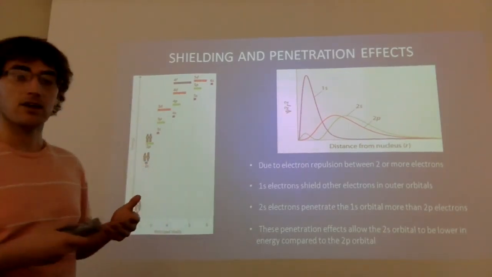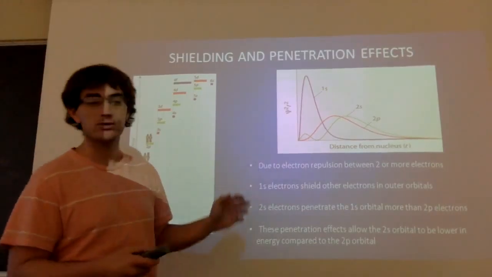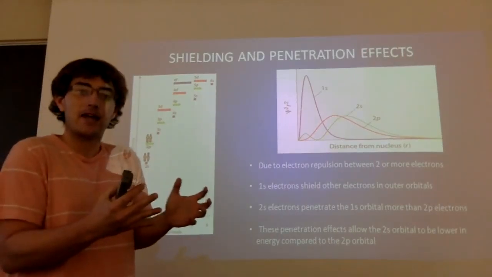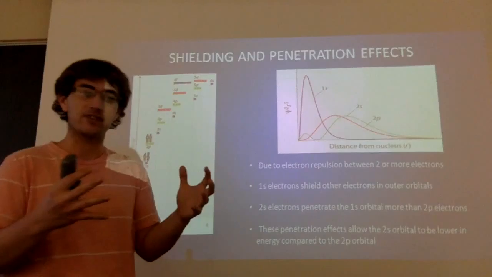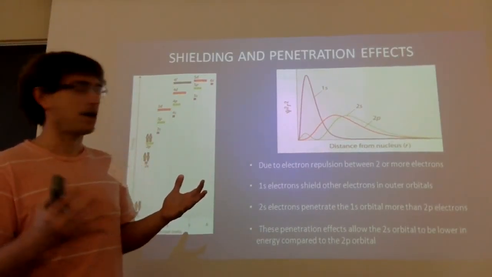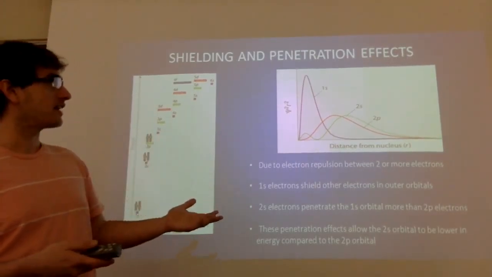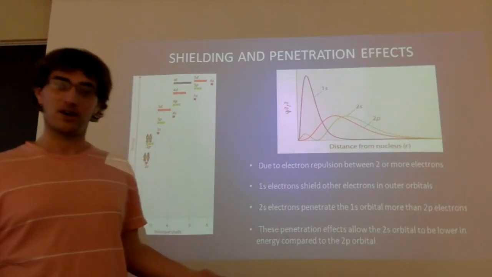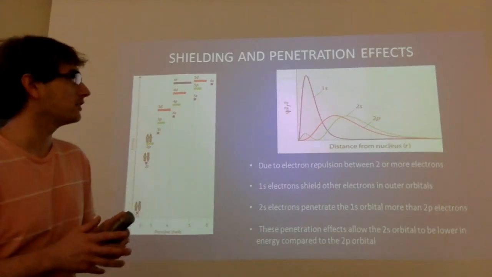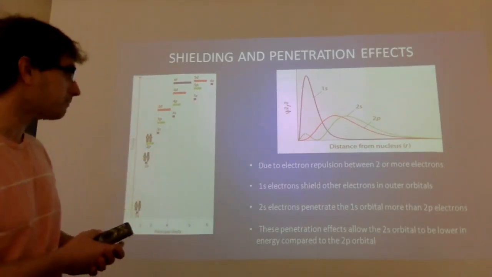It only spends a very small amount of time there, but it's very significant. The fact that it's very close to the nucleus means it gets to feel this electrostatic attraction or potential between the nucleus and those electrons, and that will give it a lower energy. So the electrons in the 2s orbital have a lower energy than the electrons in the 2p orbital.